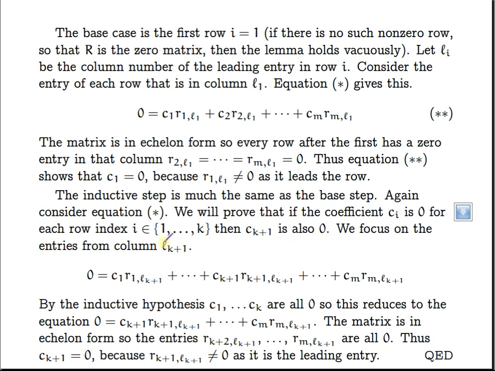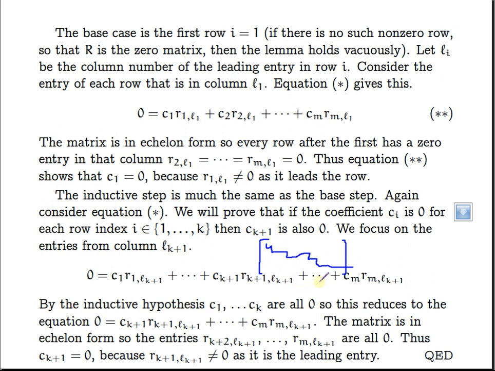We focus on the entries from column Lk plus 1. So I'll just draw the picture again. We have our echelon matrix. We have our stair-step form. And suppose I'm considering a combination of rows starting from this row here.